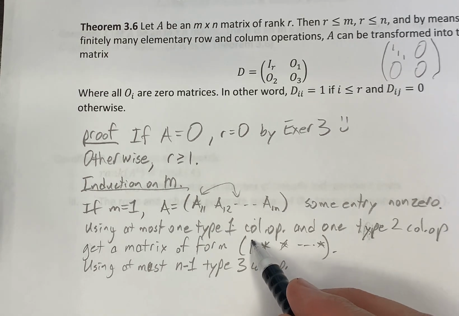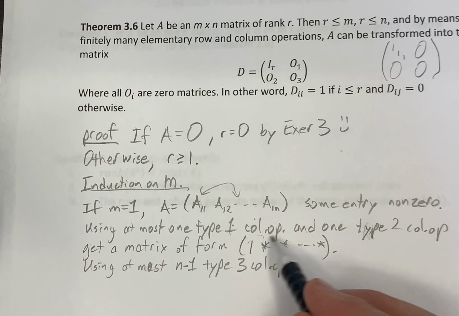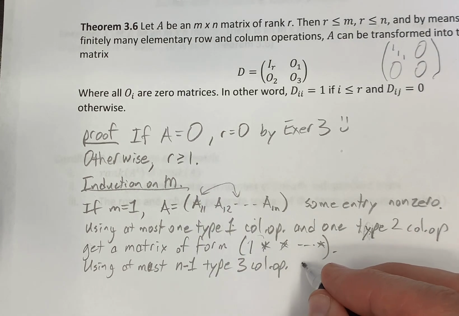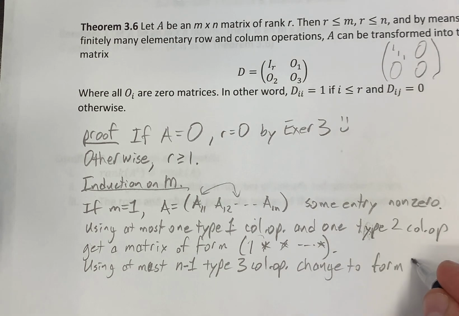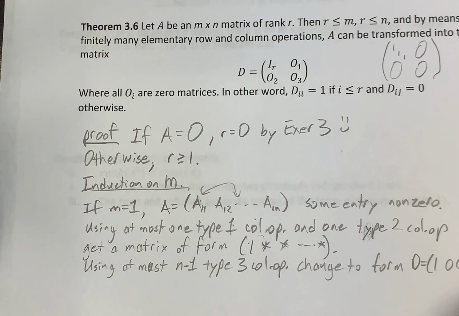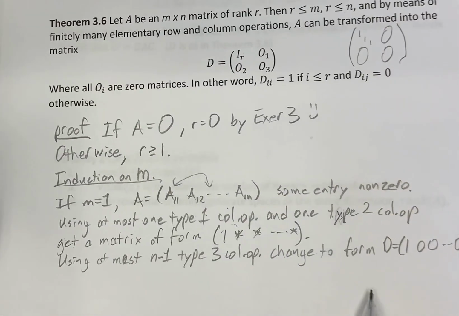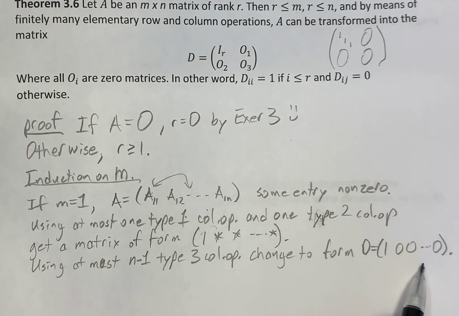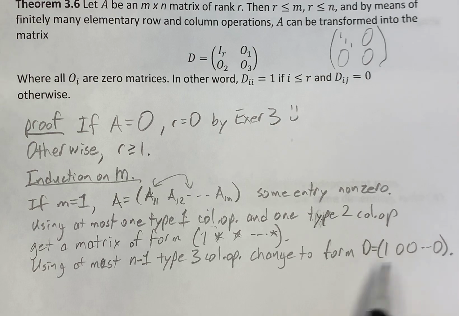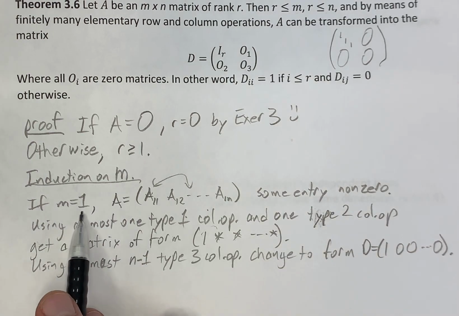You can add any multiple of column 1 to all the rest. Change to the form D equals 1, 0, 0, 0. Add whatever that entry is, and then it will get to be all zeros, just as we need. Okay, so that takes care of the base case.